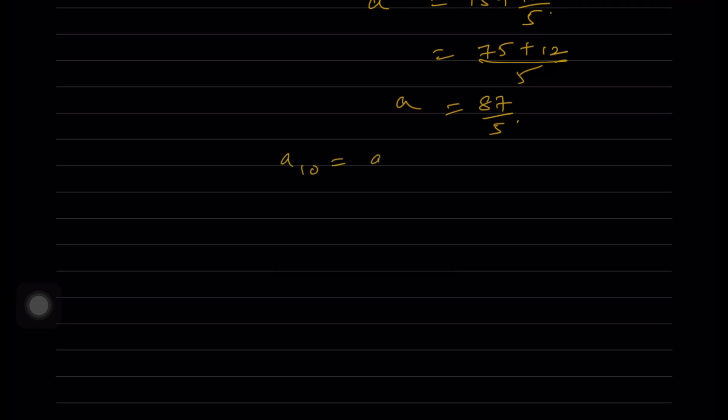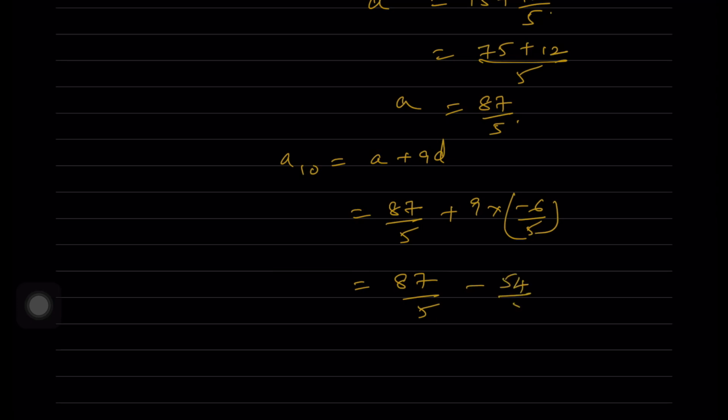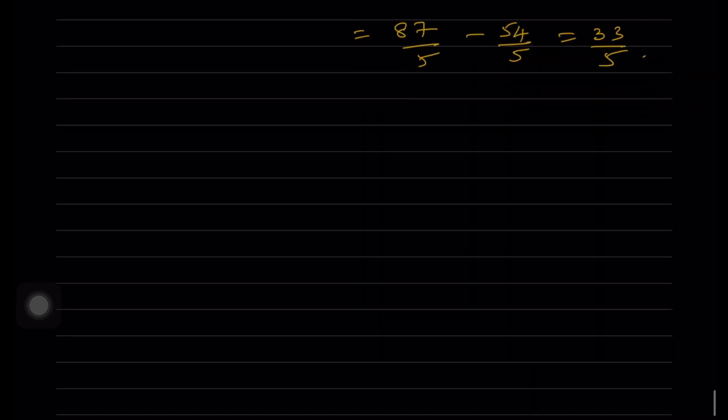So now a10 is equal to a plus 9d, which is equal to 87 by 5 plus 9 into minus 6 by 5, which is equal to 87 by 5 minus 54 by 5, which is equal to 33 by 5. So we got a10 as equal to 33 by 5. Now d is equal to minus 6 by 5, a10 is equal to 33 by 5.